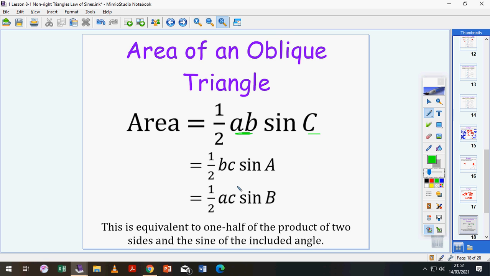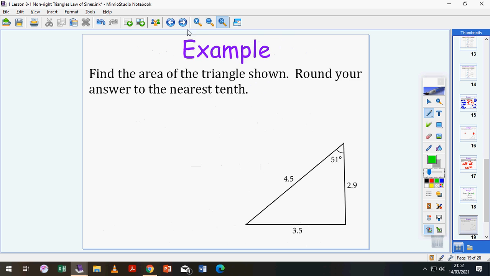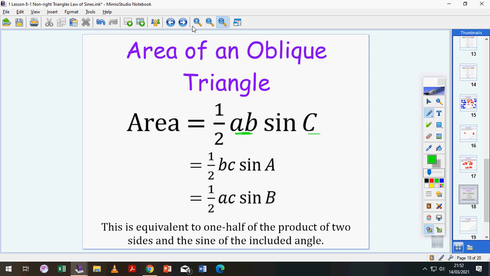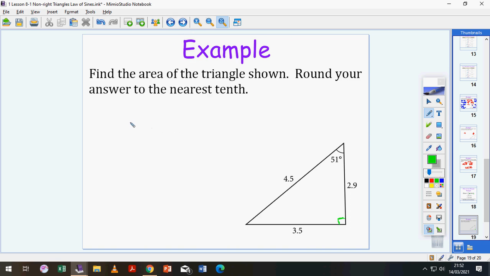So if I want to find the area of this triangle, it will just be half times base times height. Okay, this has been drawn to look like a right angle triangle, but I'm not very sure that it is. So I can't go on assuming that it is. I need to use the area of a triangle formula. So I'll just do half AB sine C. Since the angle is here, I don't need to use that side. So it's side angle side.